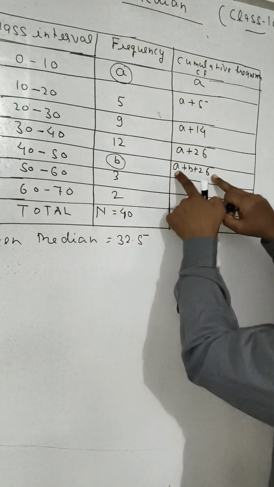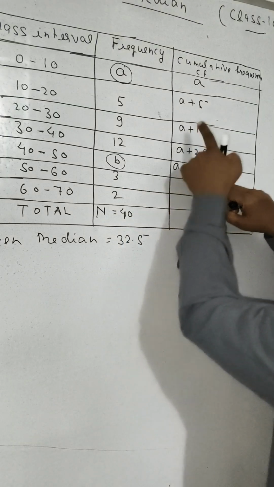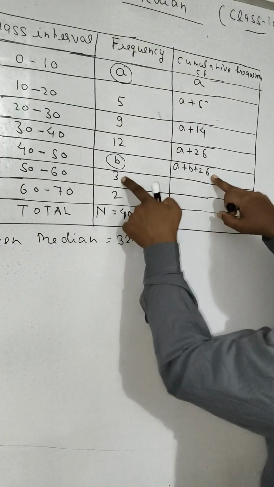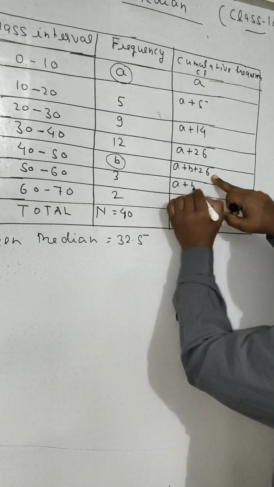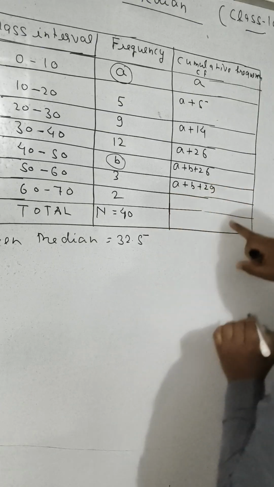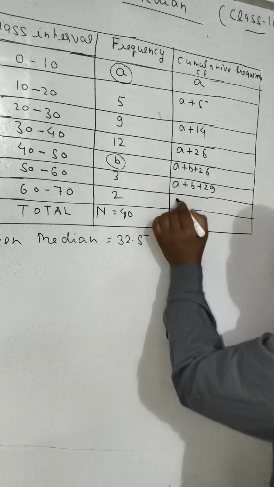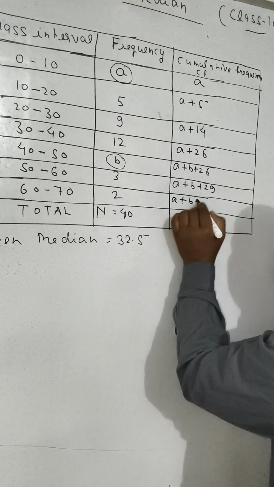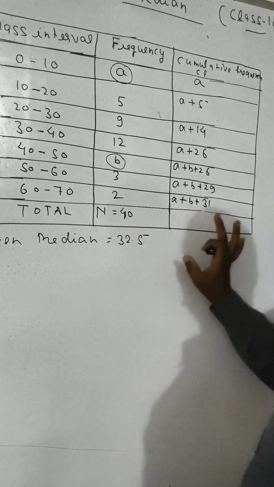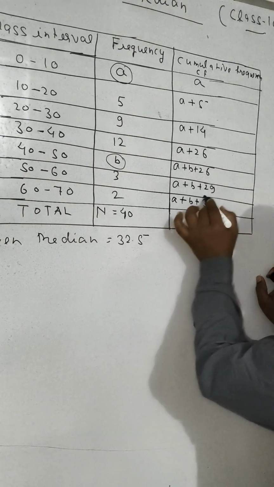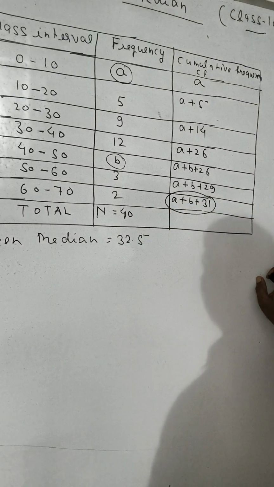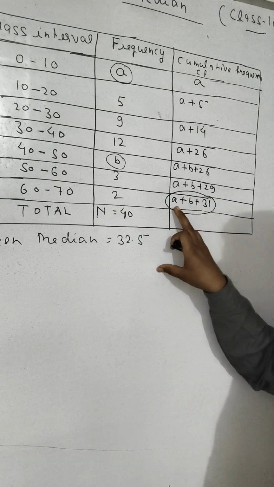Then 3 will be added to this, so it becomes A plus B plus 29. And 2 also, so the last is A plus B plus 31. This will be the total number of frequencies.